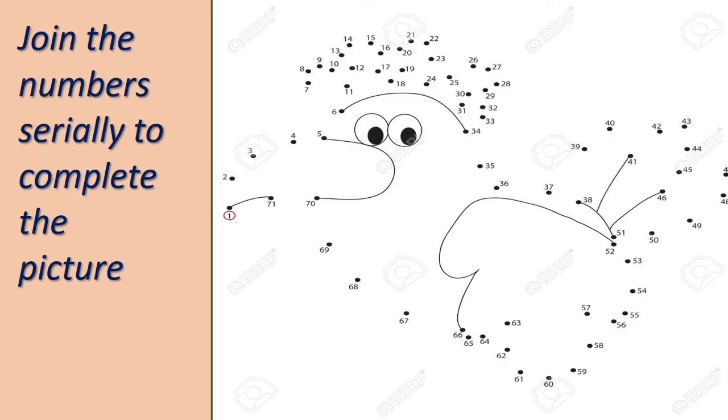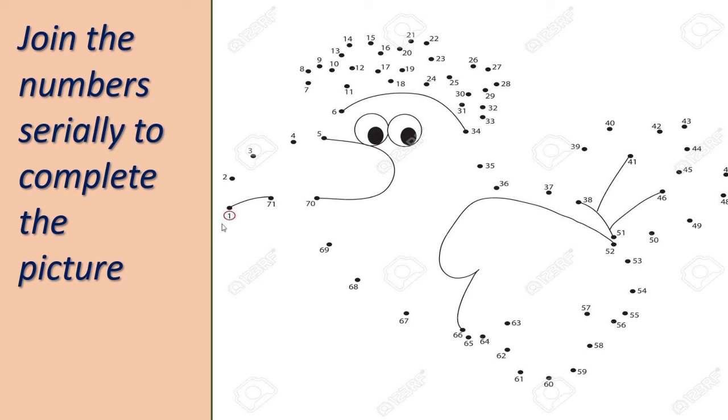Yes, here join the numbers serially to complete the picture. Here you can see numbers and one picture, right? This is half picture. It is incomplete. If you want to complete this picture, then you have to join the numbers serially from 1 up to last. Okay, I think last number is 71.